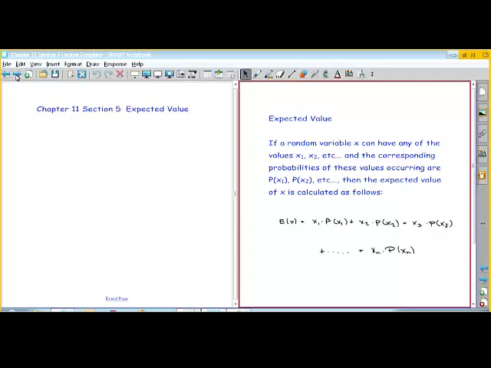You keep doing that for all the particular possibilities you have, and then you add those products together and you get the expected value.